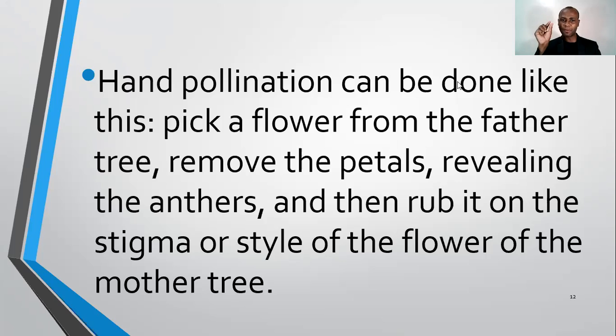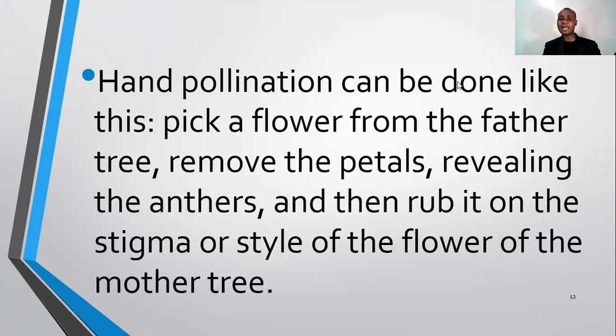You pick a flower from a father tree, and then you remove the petals, revealing the anthers, and then you rub it on the stigma or style of the flower of a mother tree. So we pick a flower from tree A, and then we rub the anther on the stigma of flower B on another tree.